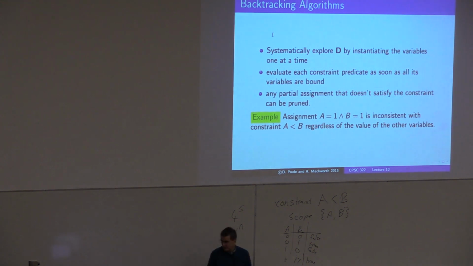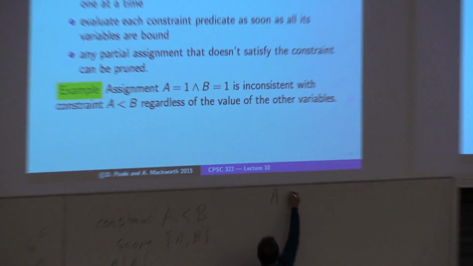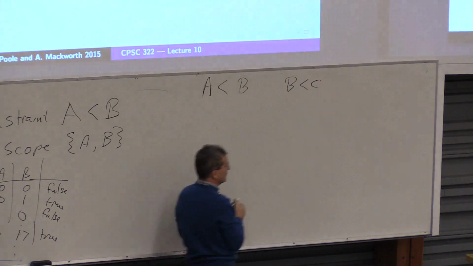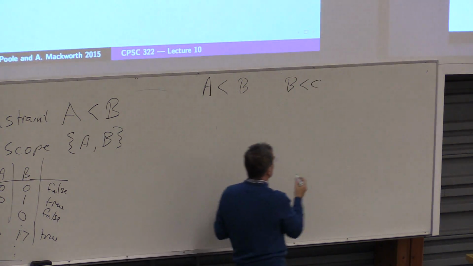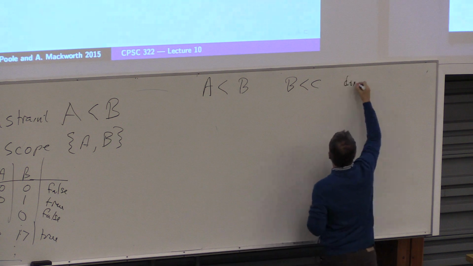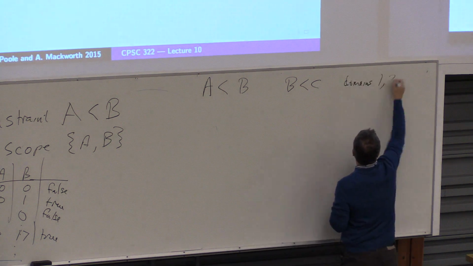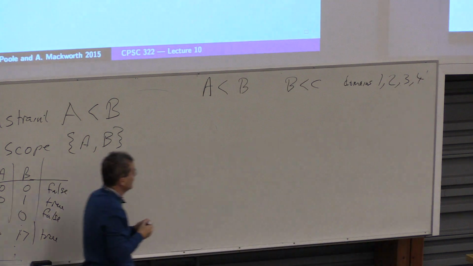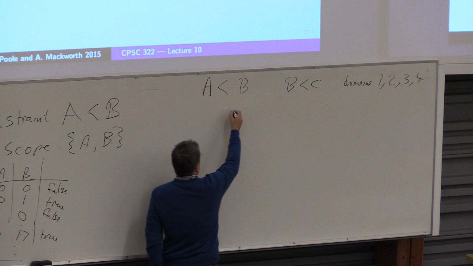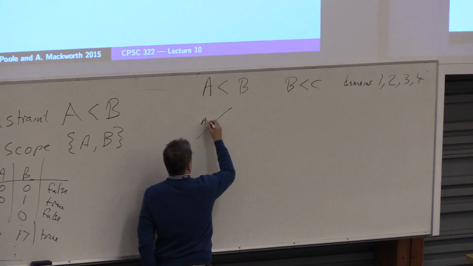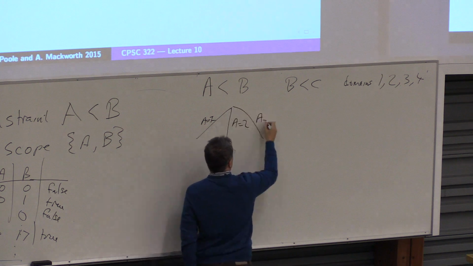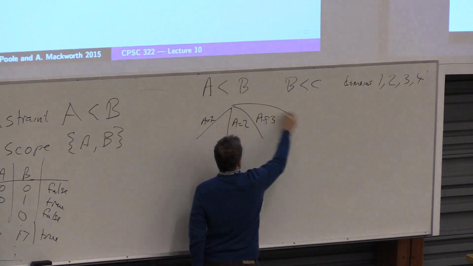The example I'm going to do first is A is less than B and B is less than C, and the domains are 1, 2, 3, 4 for each. First we assign A: A is 1, A is 2, A is 3, and A is 4.